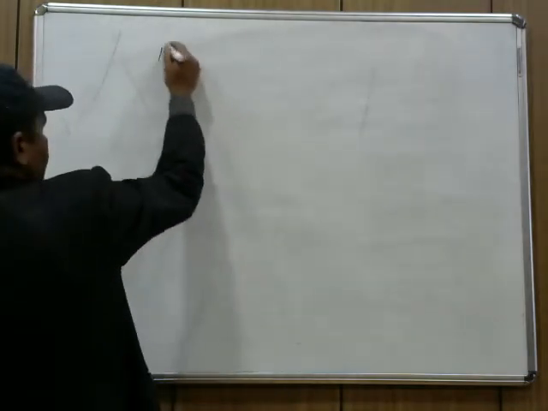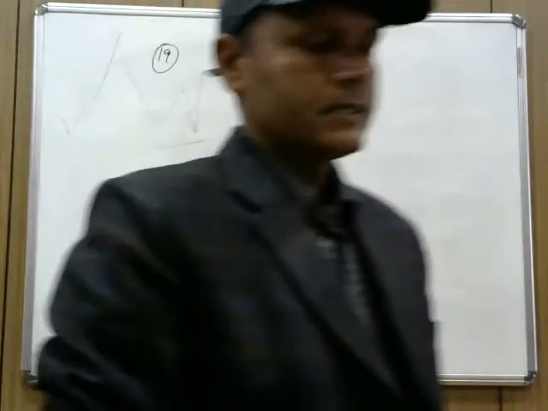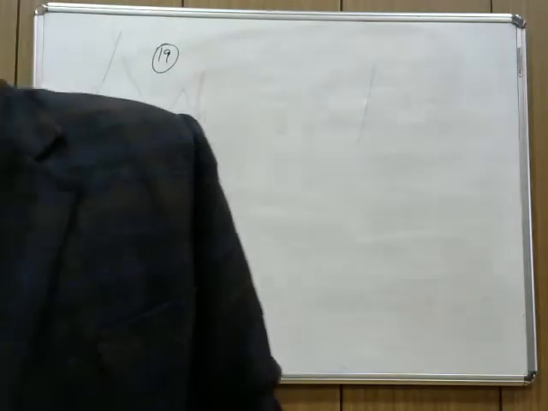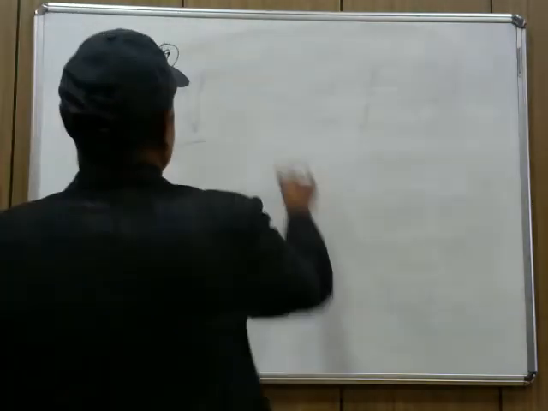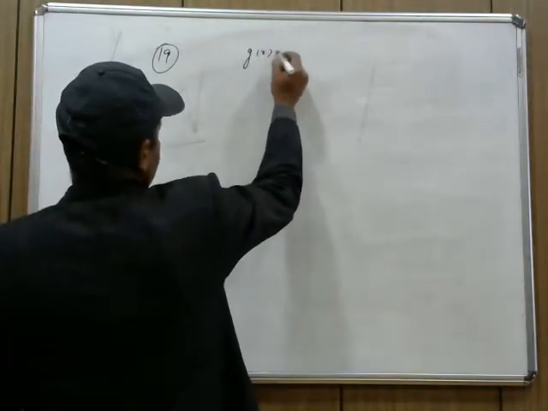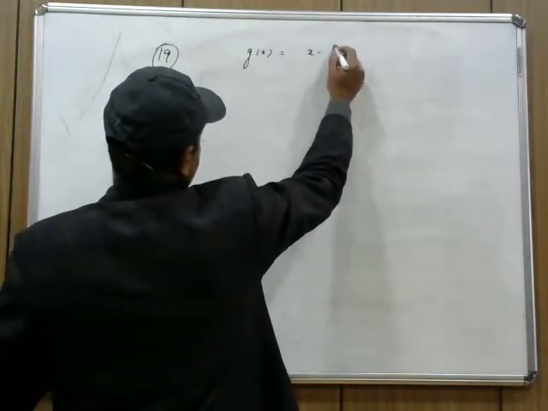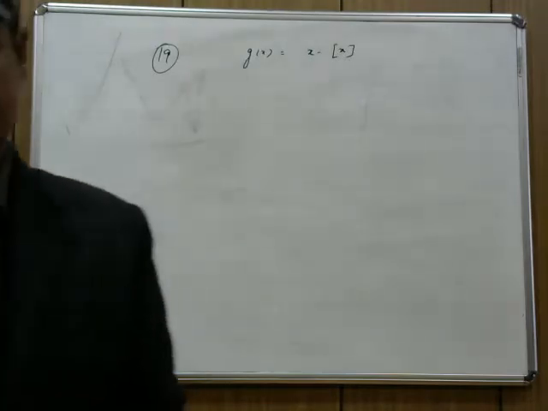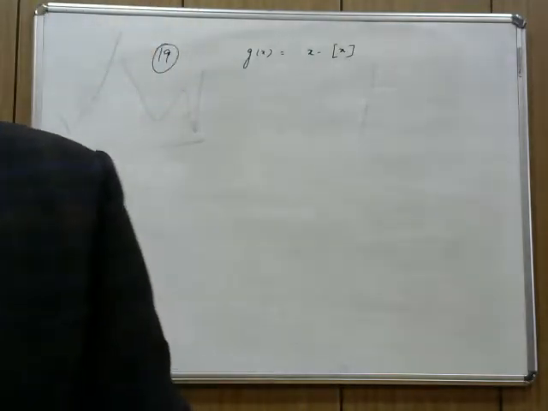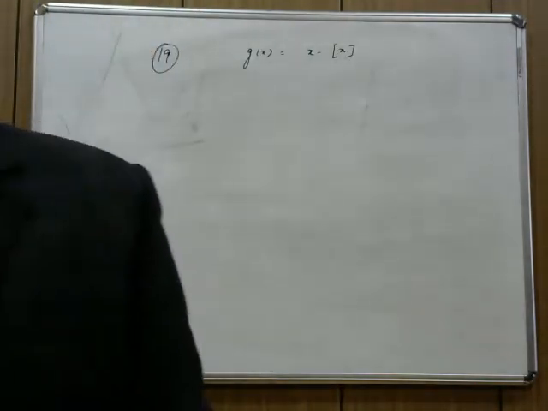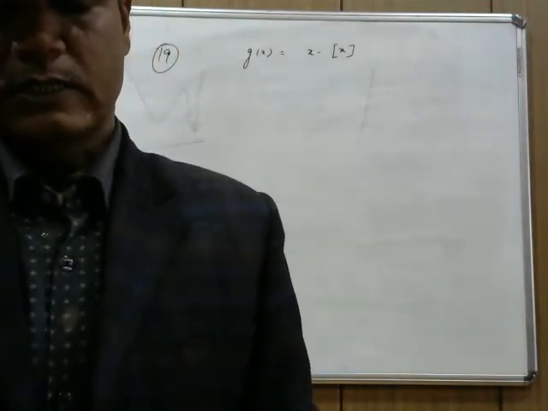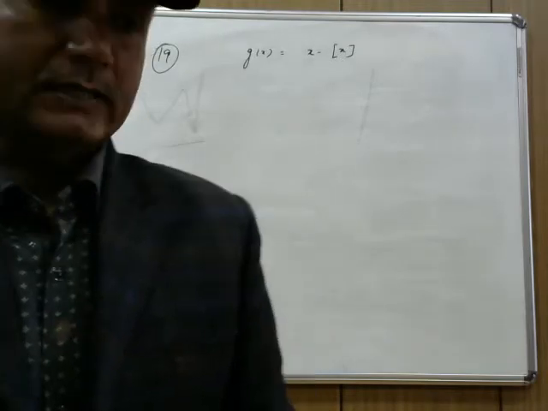In question number 19, it is given: show that the function defined by g of x is equal to x minus greatest integer function of x is discontinuous at all integral points. Here [x] denotes the greatest integer function, less than or equal to x, right?